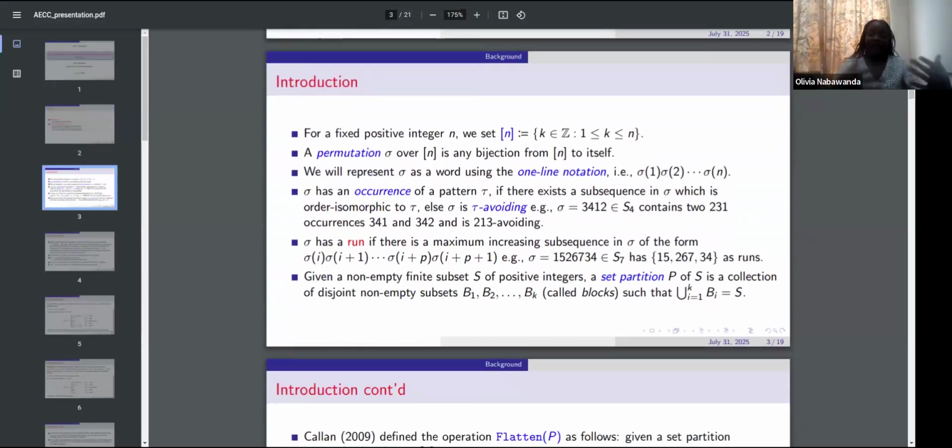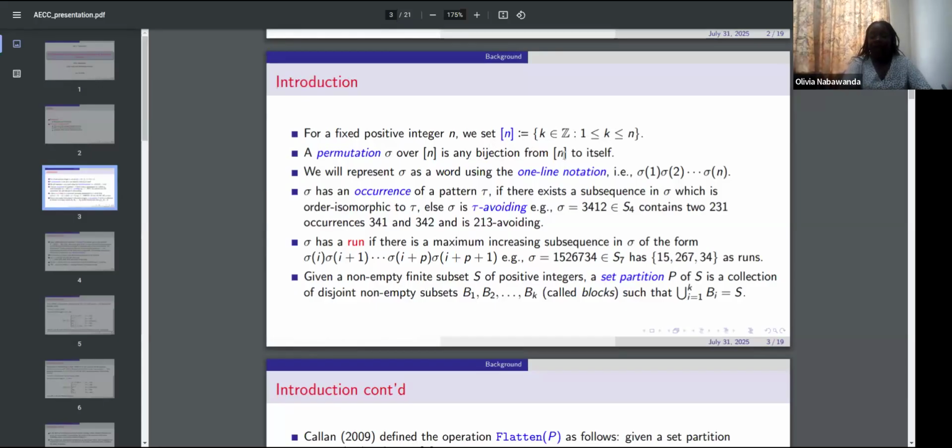So just some brief introduction. Wherever you see this notation here for any fixed positive integer n, that will just be representing a set with elements 1, 2, 3 up to n. And a permutation sigma over n, I think this is a very common object in combinatorics, is simply a bijection from this set with n elements to itself.